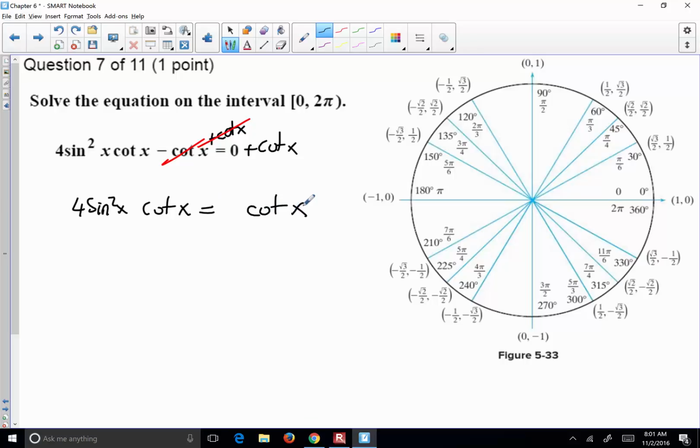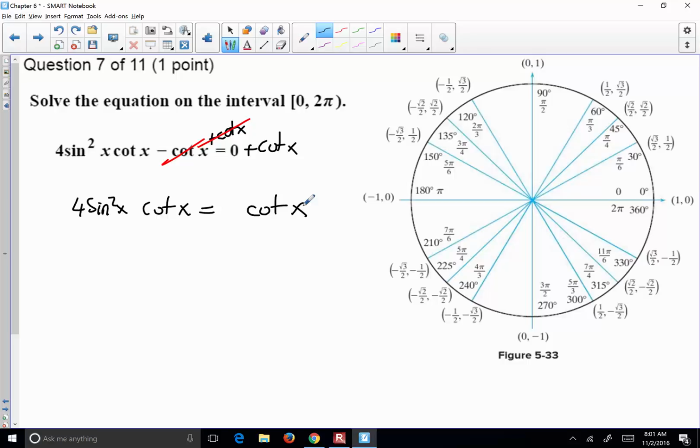Okay. So if you were to divide both sides by 4 sine squared x, could you say that then the 4 sine squared x was equal to 1, because cotangent over 1 is just itself? So if you had 4 sine squared x cotangent x equals cotangent x, and you divide both sides by 4 sine squared x, then cotangent x equals cotangent x over 4 sine squared x.